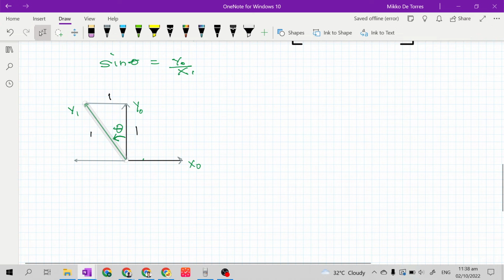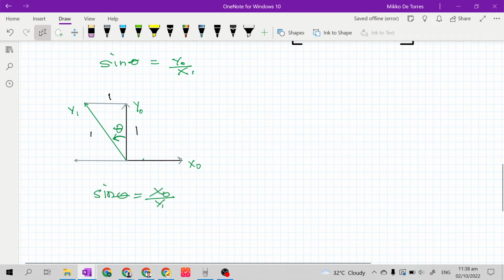Then this side is our opposite side, which is at the negative x sub 0 axis. So we will have opposite over hypotenuse, which equals sine theta.